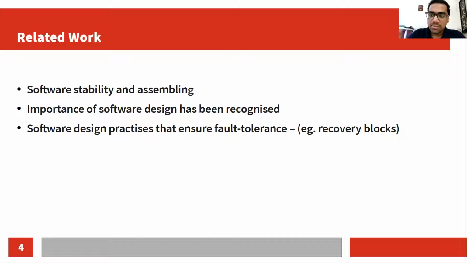These practices ensure that the software is fault tolerant. For example, recovery blocks say that when a fault has happened and the software needs to recover, execute this new set of code, so that the software can maybe do something else or revert to its original.